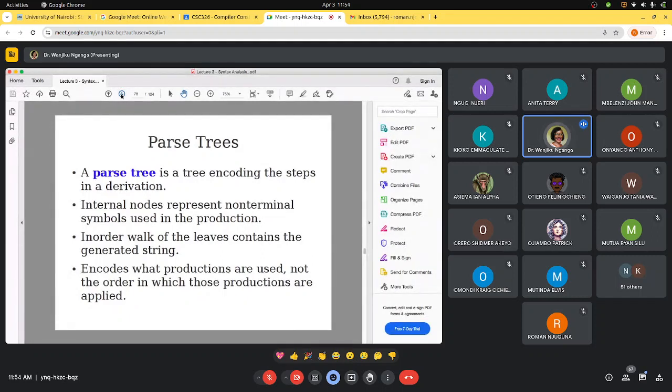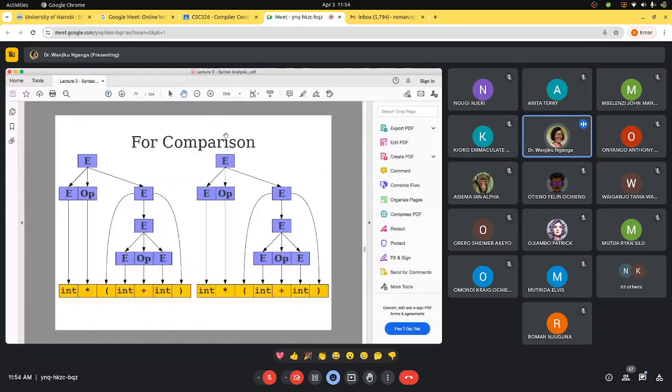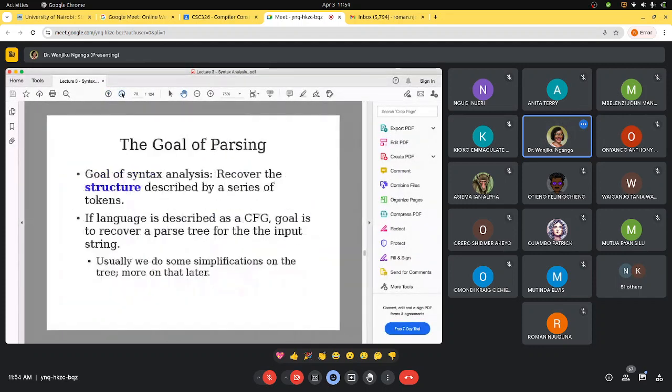So it encodes the productions which are used, but not the order in which those productions are applied. Because when you look at this at the end, you may not know the order in which they were applied, but you're able to know exactly which productions were used. So the goal of parsing is to recover the structure upon which the token stream is based.